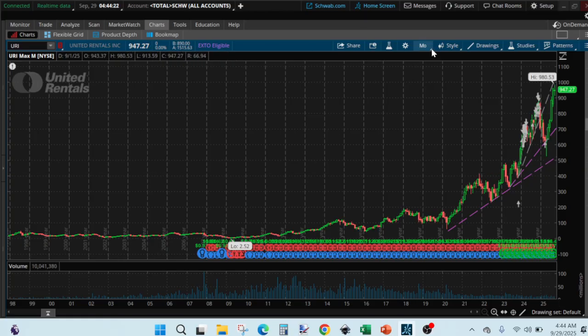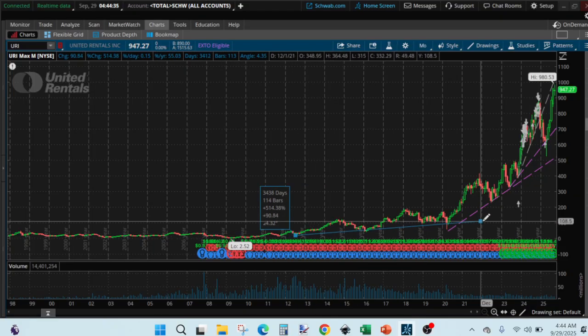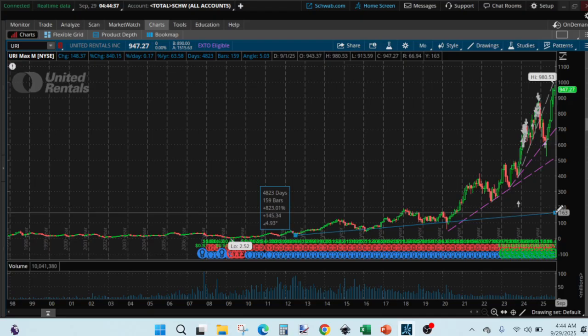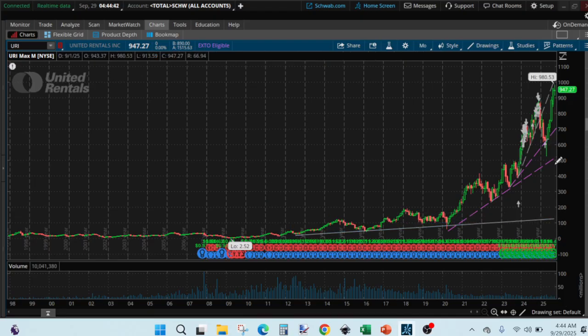So I start with maximum monthly chart to trace those, connecting some past years lows, going from left to right to the price, because the price is on the y-axis and we have the date on the x-axis.